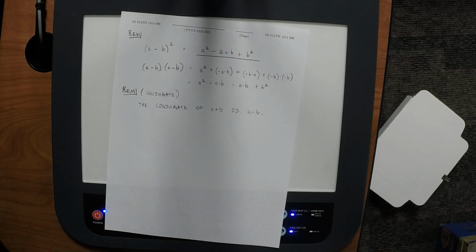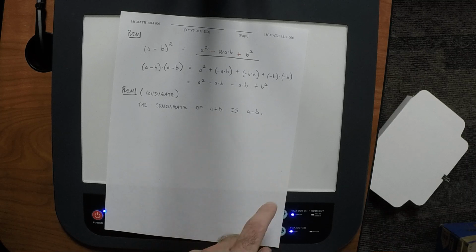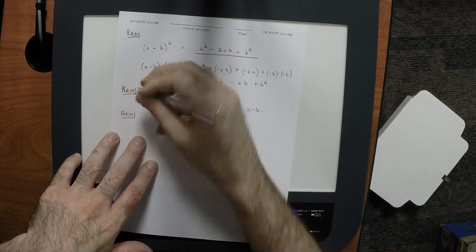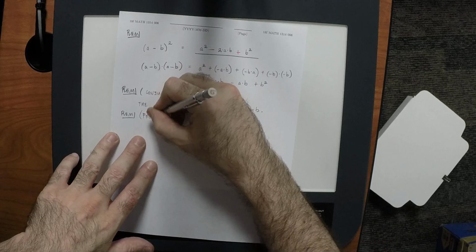And this is not really the place to explain exactly why that's the case, but I promise I'm not deceiving you. So the conjugate of a plus b is a minus b, and vice versa. So the formula that we're going to write down does have a name. Its name is the product of conjugates.